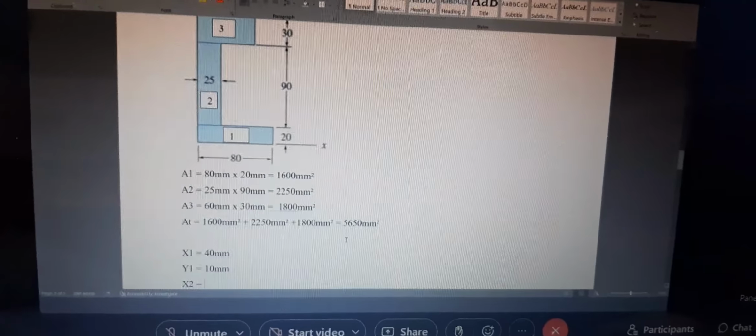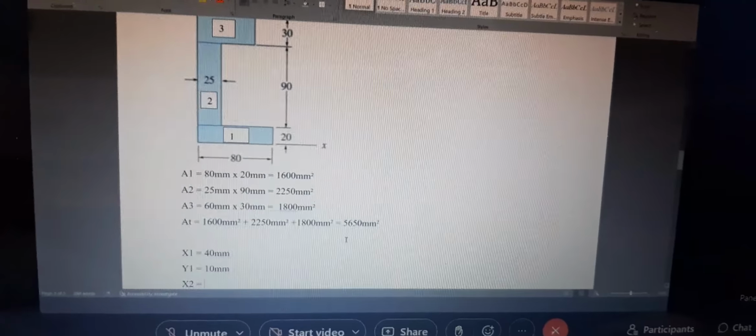So the next step now is to find y. Our total area was 5650, so let's plug it right there. I'm just going to delete the little things on the top. And we are going to have another section here, area 3.